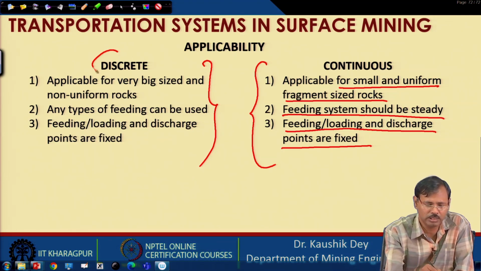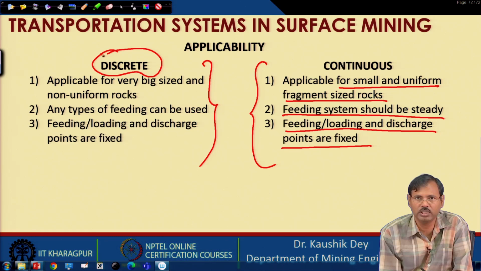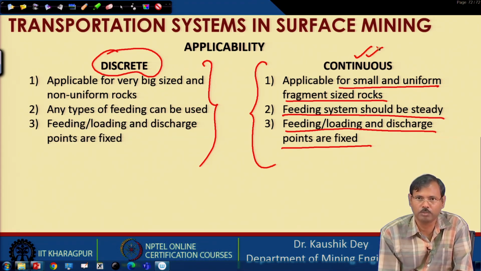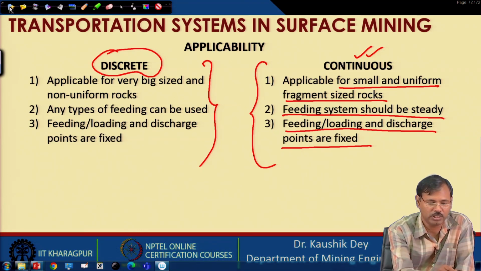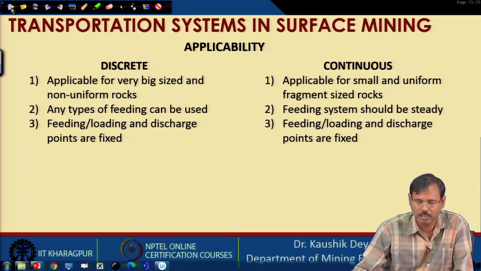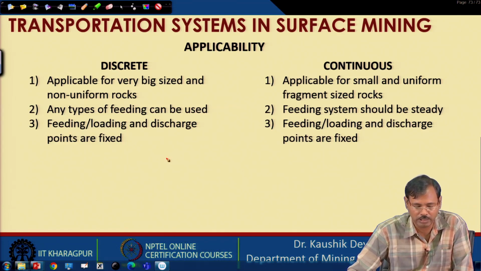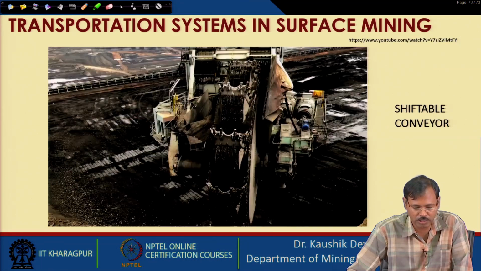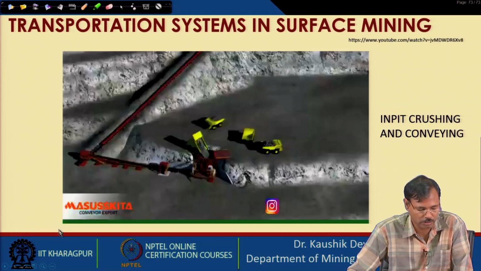But the discrete system is not energy efficient and is costly, whereas these systems are not that costly and are energy efficient also. So, these are the basic advantages, disadvantages and applicability of the discrete and continuous systems of excavation. Now, let us look into some videos of the continuous system. The discrete system we will discuss later.